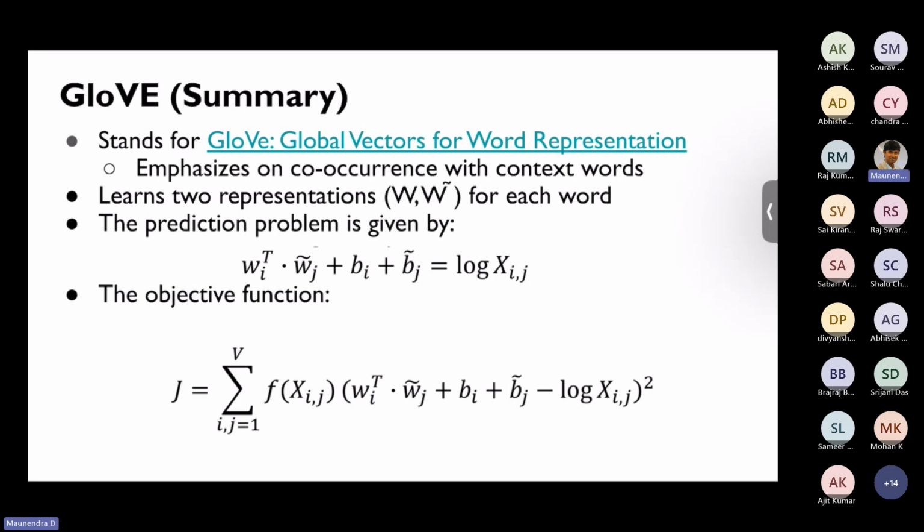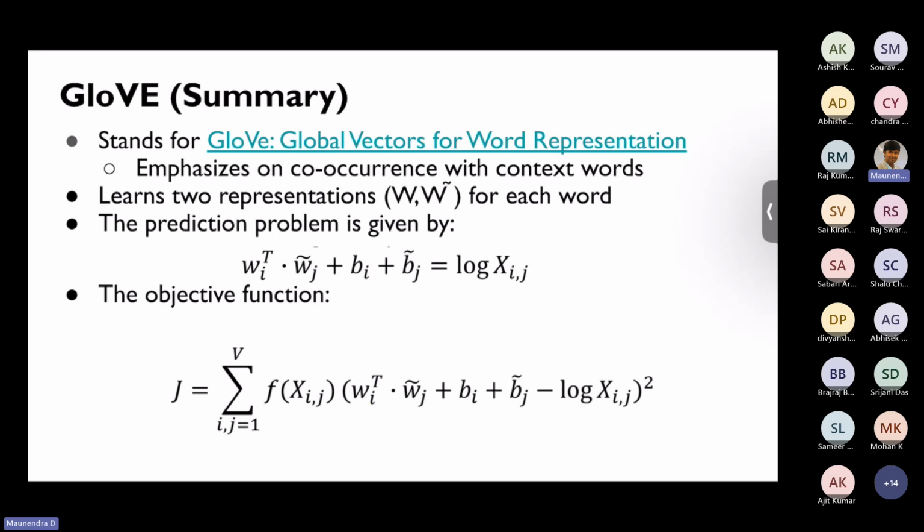The summation is not over some subset; it is over all possible word pairs, for i and j equal to 1 to V. If there are V words in the entire collection, we are operating on that many pairs.